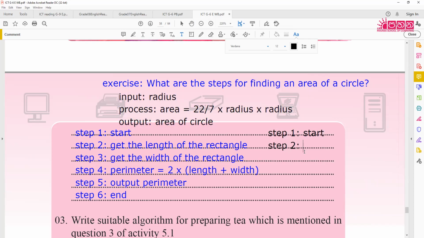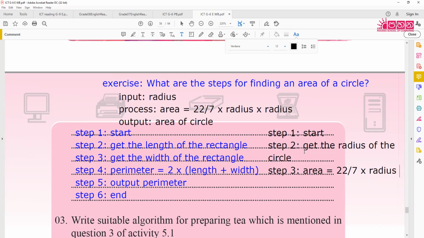Get the radius of the circle. Yeah, get the radius of the circle. Step 3. We can say area equals 22 divided by 7 into radius.